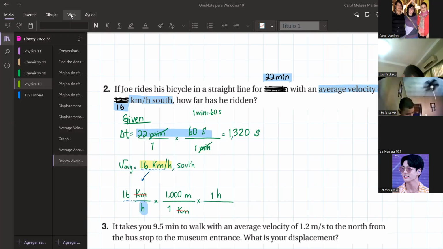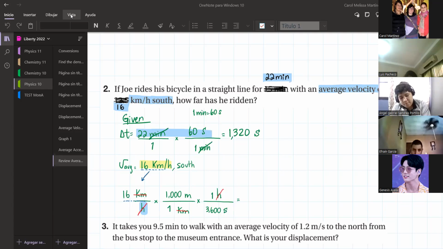How many seconds do you find in 1 hour? 3,600 seconds. So you get rid of hours and hours. Now, this gives you how much? 4.444. So 4.44. We don't need to round it because the next number is 4. So these are meters in the top and seconds in the bottom.